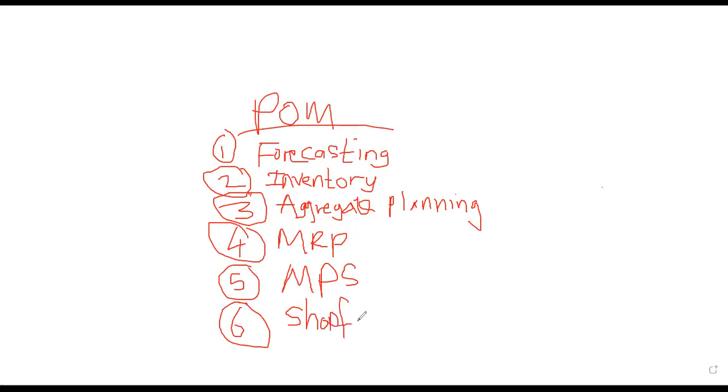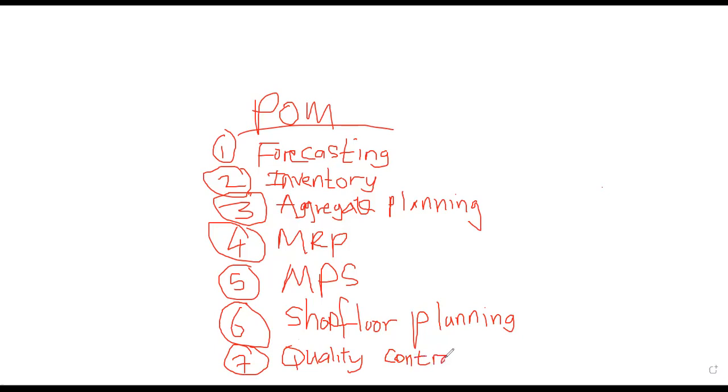And then the last topic in POM is called quality control. So these are the only topics that we need to look at as we get down to this course, which is production and operation management.